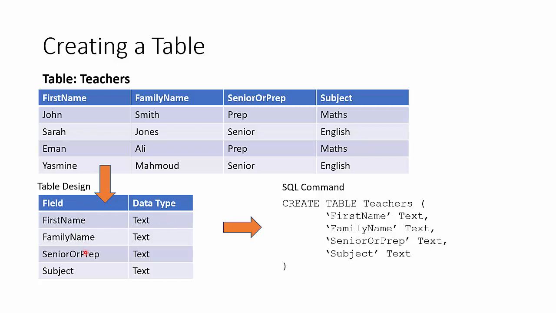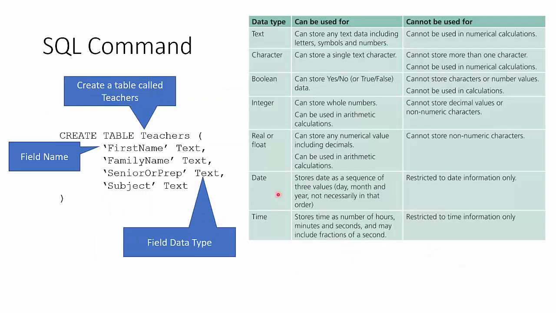Okay. Once we've put together the table design, the next thing we can do is to use that table design to create our SQL command. This is an example SQL command here. So here is our SQL command, and you can see that this first bit here creates a table. Well, that's going to tell the database what we wanted to do.